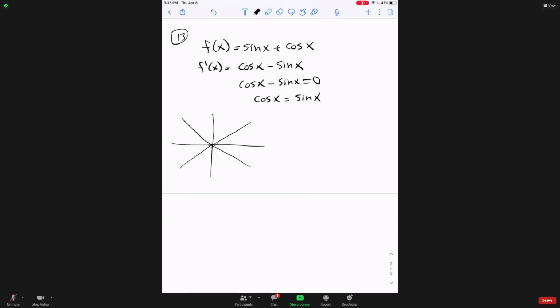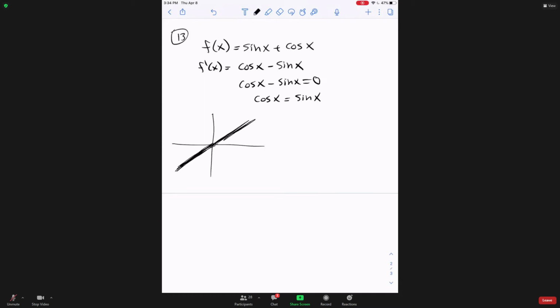That would be the first and third quadrant, right? Because in the second quadrant, sine is positive, but cosine is not, so they can't be equal. And in the fourth quadrant, cosine is positive, but sine is not, so they can't be equal. But in the first quadrant, they're both positive, and in the third quadrant, they're both negative.